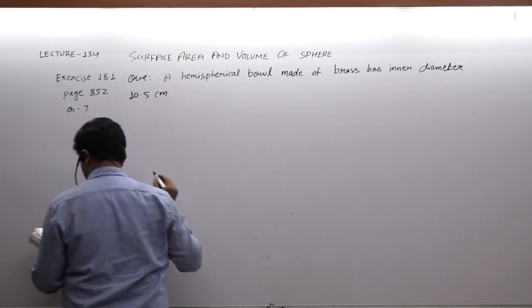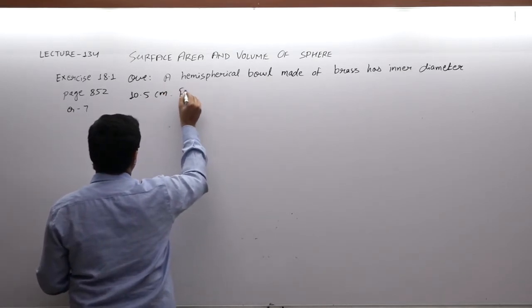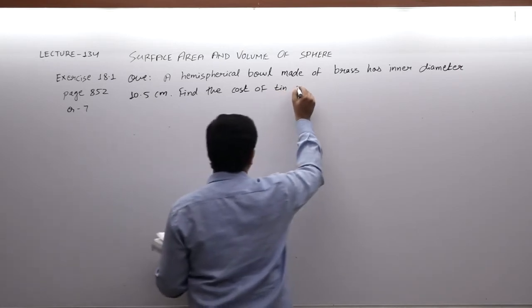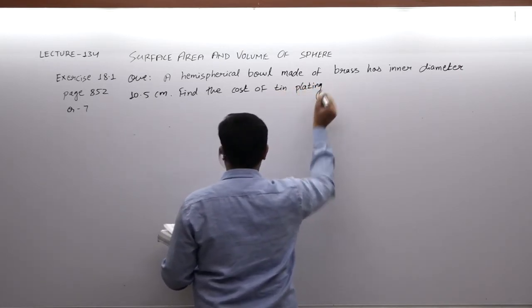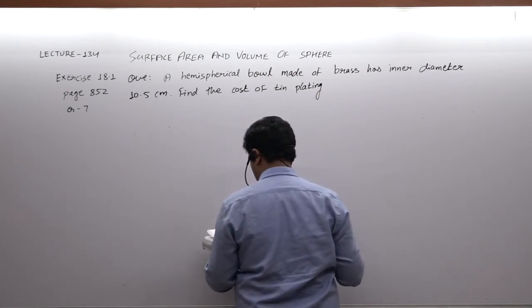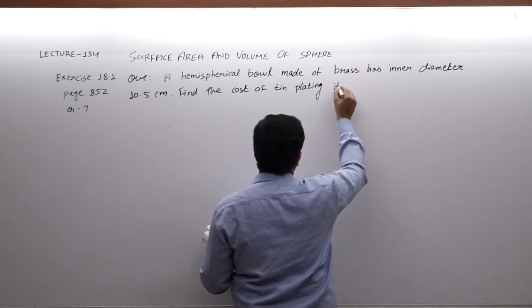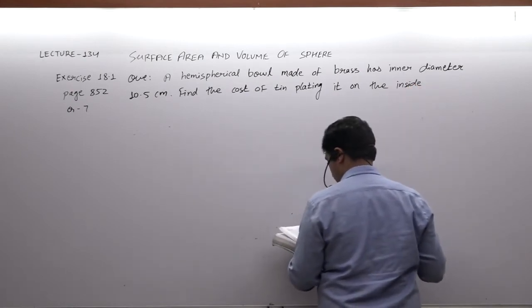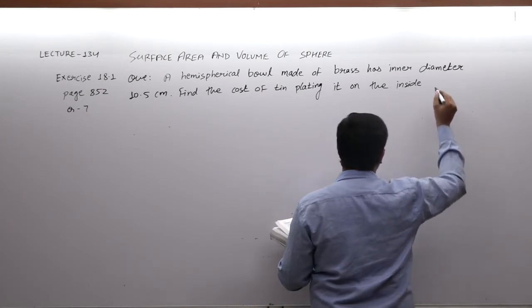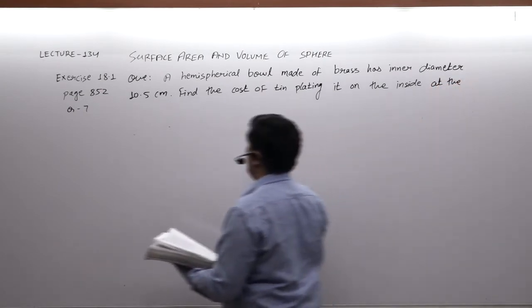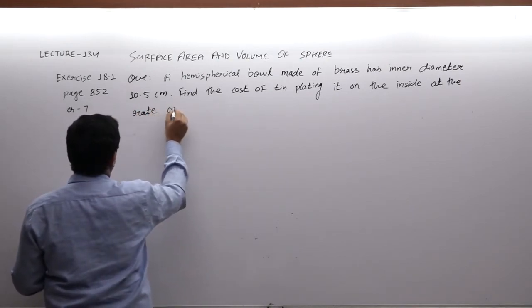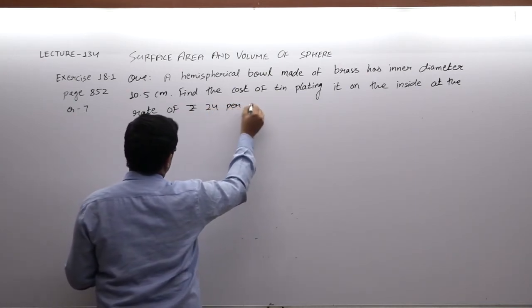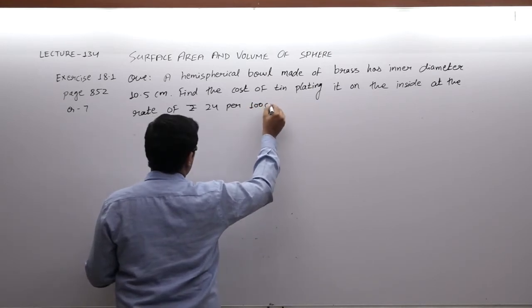Find the cost of tin plating it on the inside at the rate of rupees 24 per 100 centimeter square.